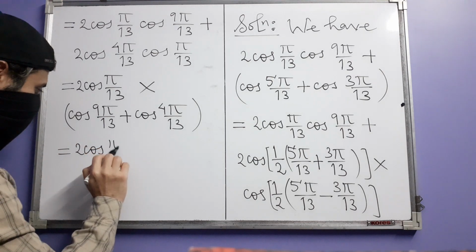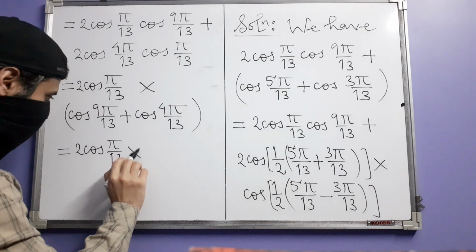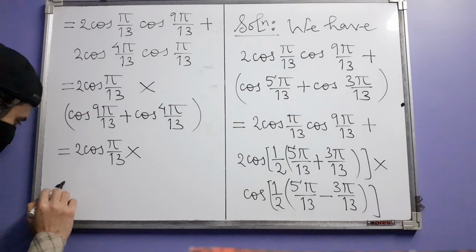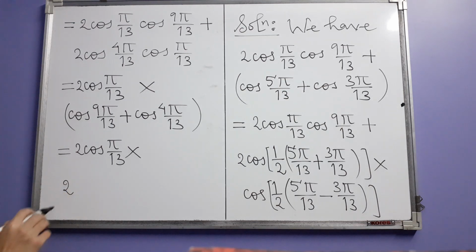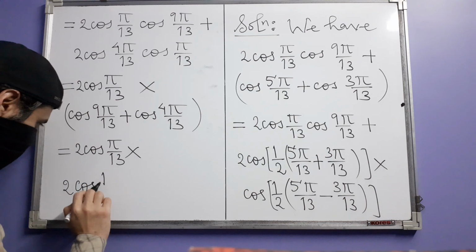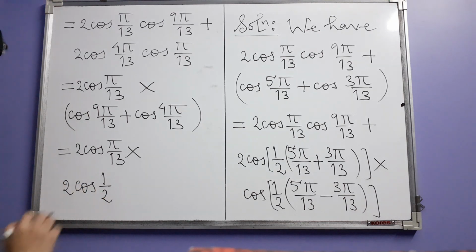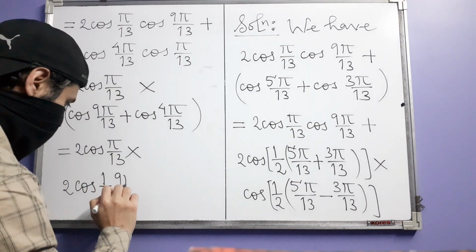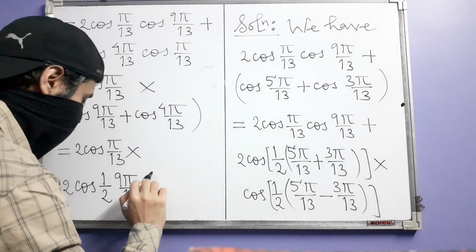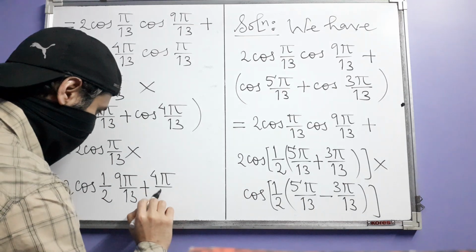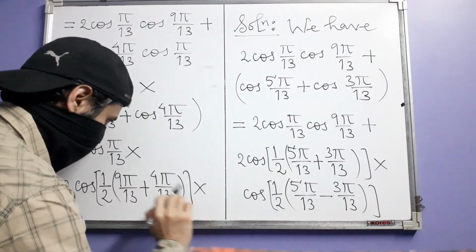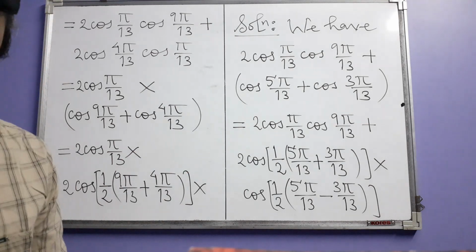Cos times, let me write here, again another 2 will come because of the formula, 1/2 times C plus D, times another cos term.